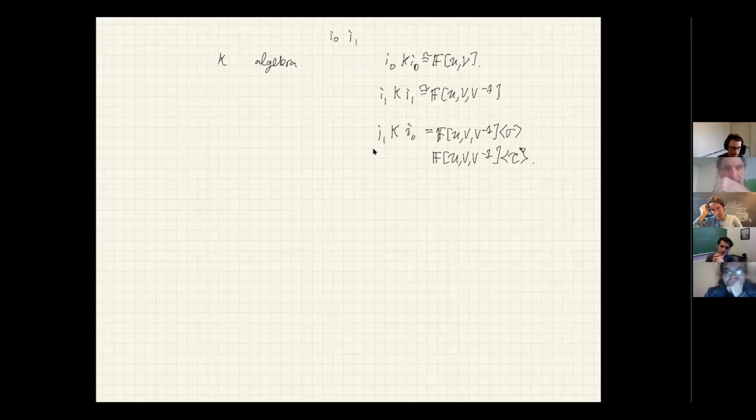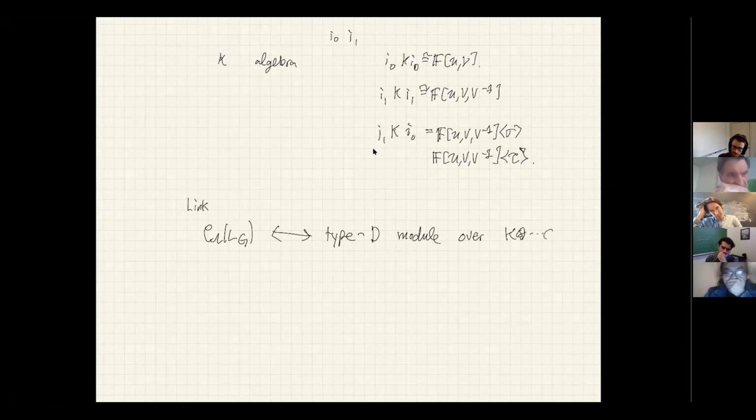But basically what I proved is that this link surgery formula, C lambda LG, has the same information, just repackaged, as a type D module over the tensor product of L copies of this algebra.